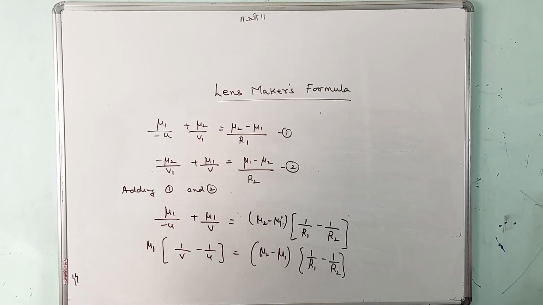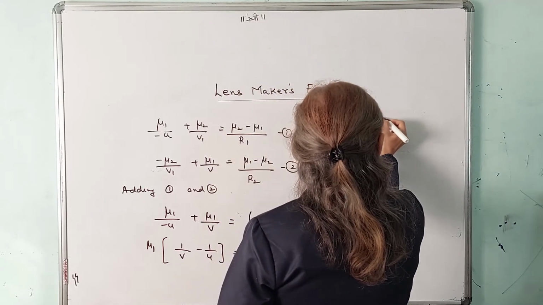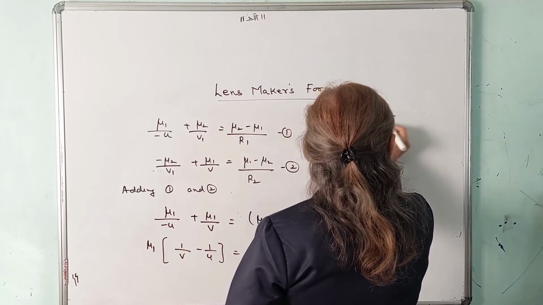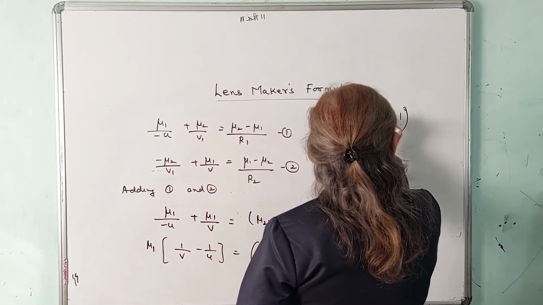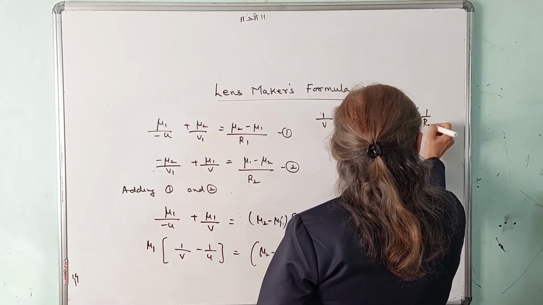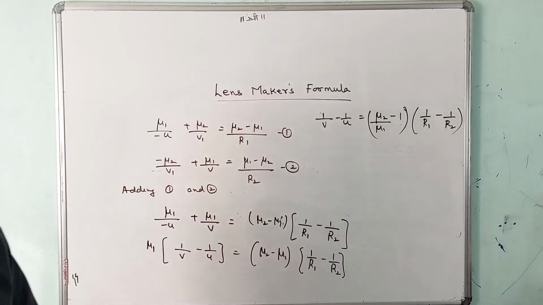Shifting the mu1 to the other side, we get mu2 by mu1 minus 1 into 1 by r1 minus 1 by r2.